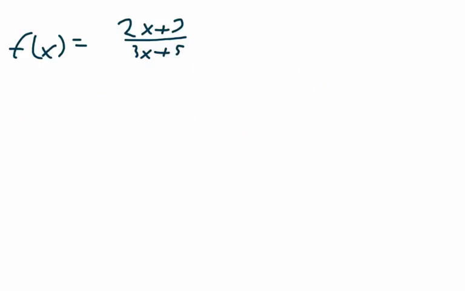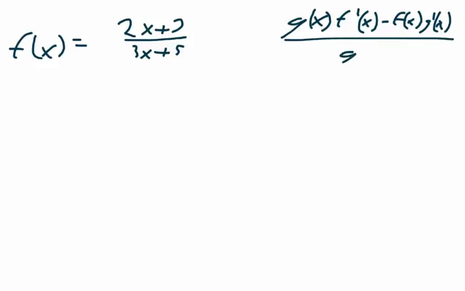The quotient rule is g of x times f prime of x minus f of x times g prime of x divided by g of x squared.